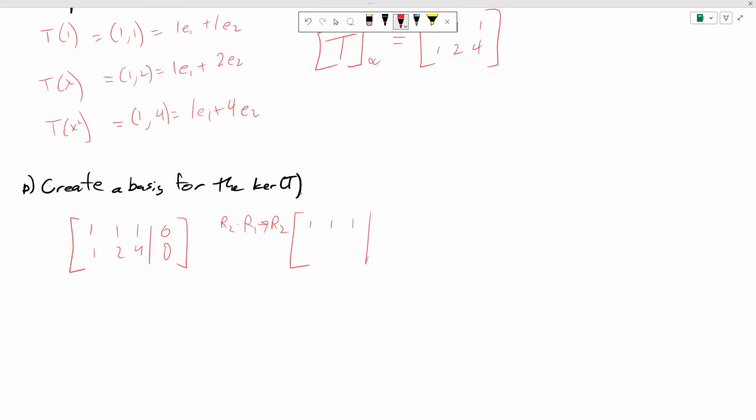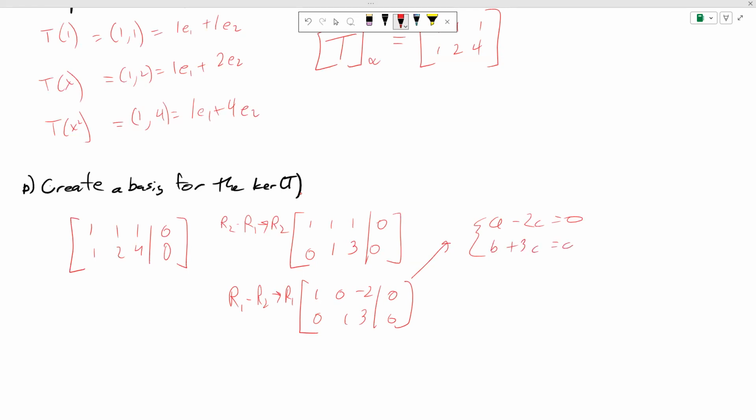Now row 1 minus row 2, replacing row 1, gives us [1 0 -2 | 0; 0 1 3 | 0], giving us the equivalent system of equations: a minus 2c equals 0, and b plus 3c equals 0.